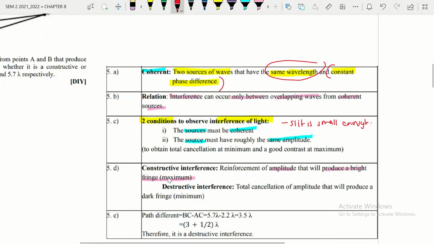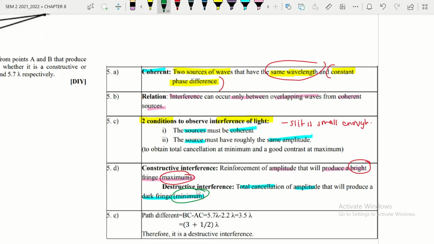Remember, a bright fringe means maximum. Whereas destructive interference is total cancellation of amplitude that will produce a dark fringe. A dark fringe is minimum.